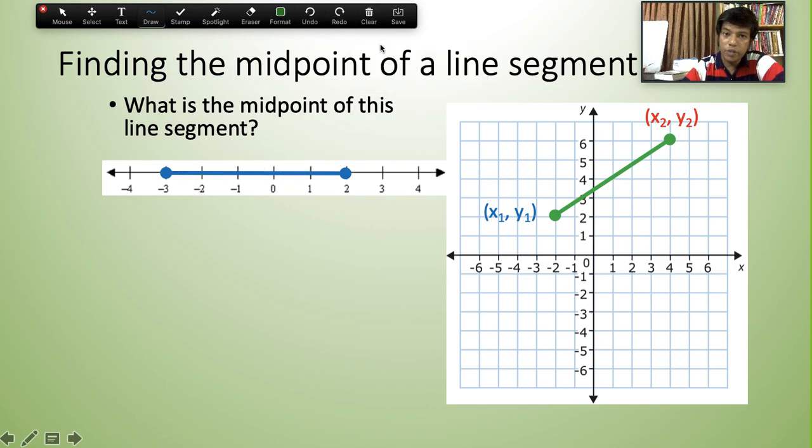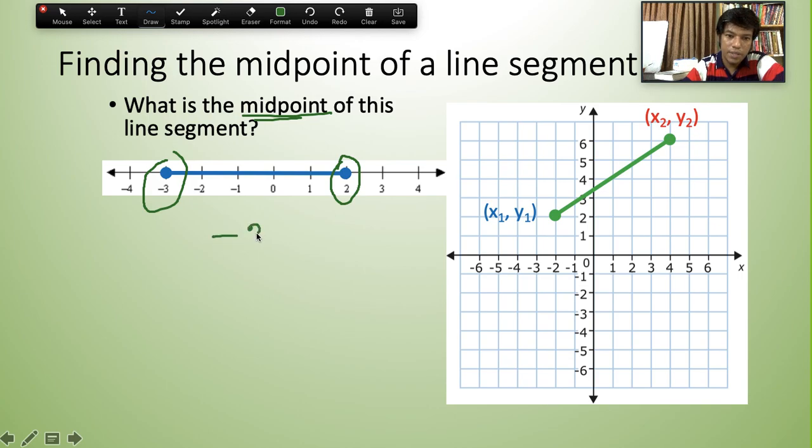But mathematically we can also do it, and the mathematical process is easier. You have two numbers, one number is this, another number is this. To find the midpoint, you add these numbers and then divide by 2, because it is the middle.